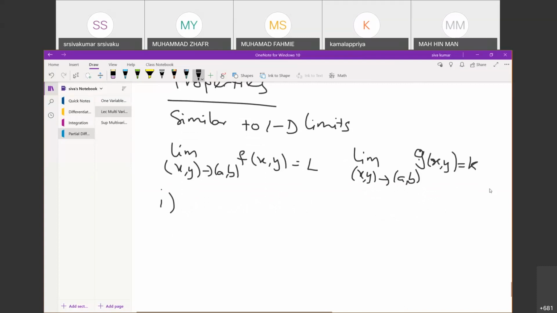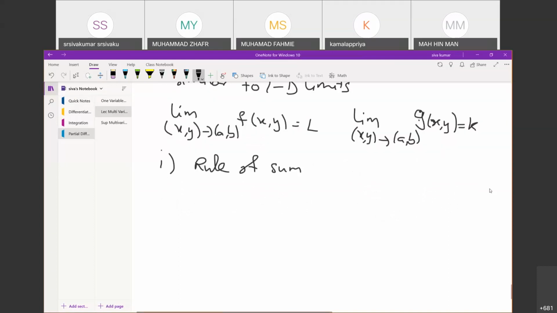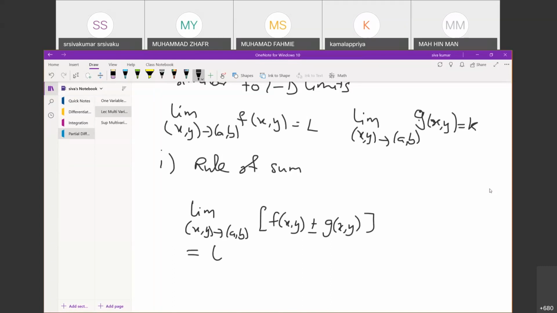For example, this is the rule of sum. Very quick one. The rule of sum works like this. If there is limit (x,y) approaching (a,b) of f(x,y) plus or minus g(x,y), this can be written as limit of f alone plus or minus limit of g.